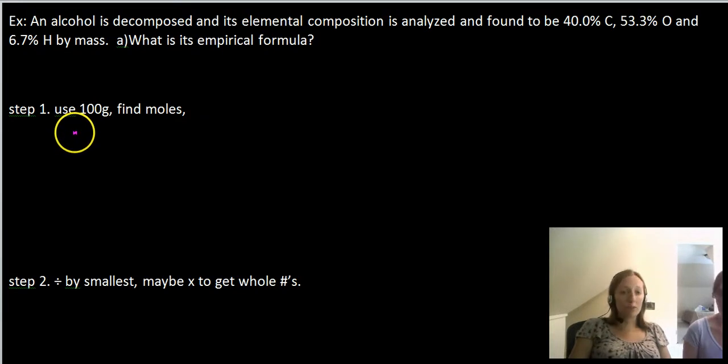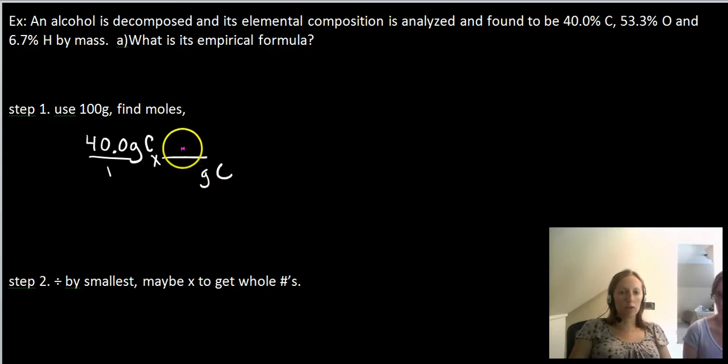So from a 100 gram sample, 40% of that is 40 grams of carbon. And then you need to convert that to moles. So grams of carbon per 1 mole of carbon. And this is a little bit of stoichiometry.